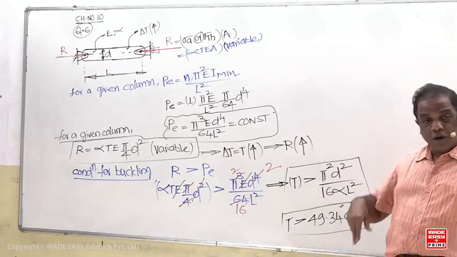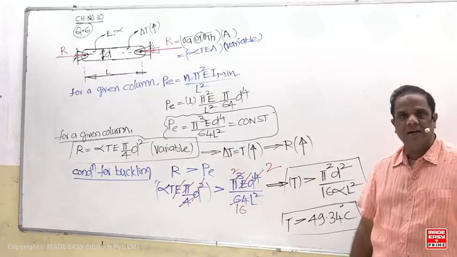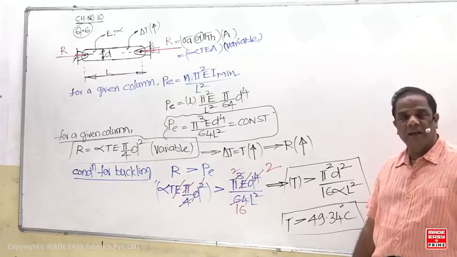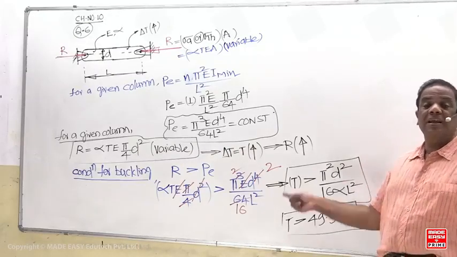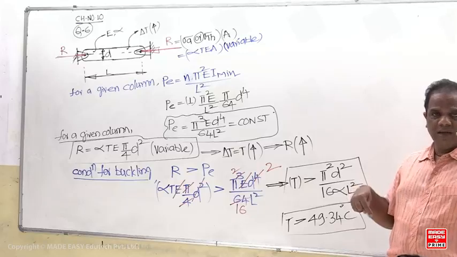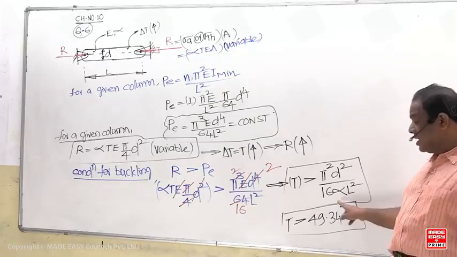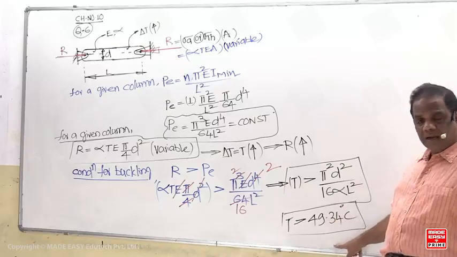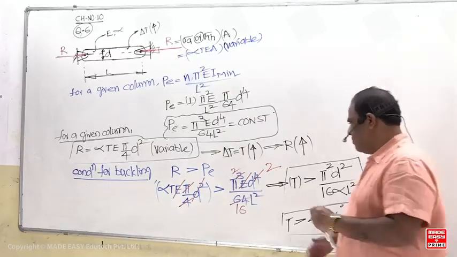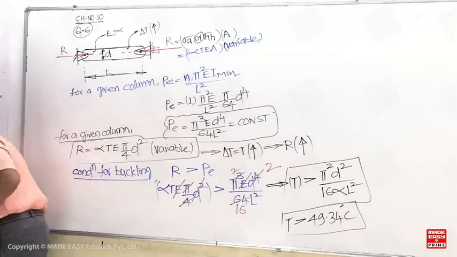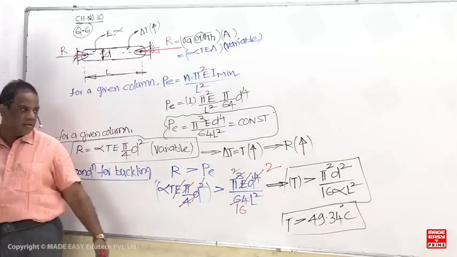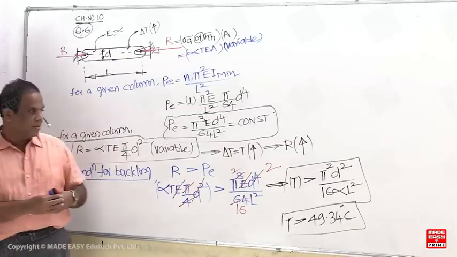So if buckling should not occur, you have to ensure that the temperature of the bar is less than 79.34 degrees centigrade, assuming the initial temperature is 30. Otherwise, the change in temperature should be less than 49.34 degrees centigrade. That's the answer. Answer is going to be A.